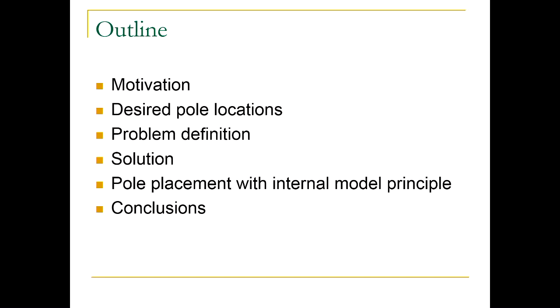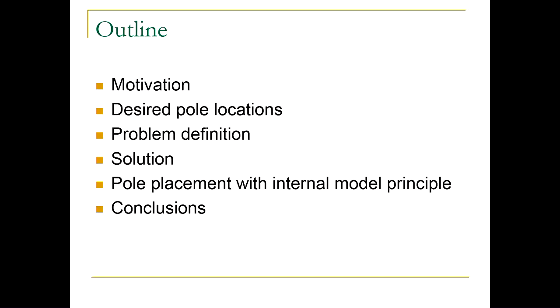And then I will present the problem definition and solution for arbitrary pole placement. You will see that under very general conditions, we can find a controller that places closed-loop poles wherever we want, which is really a good result, a really useful result.